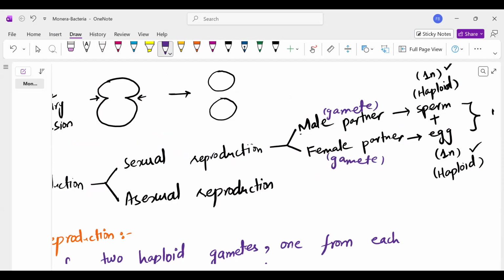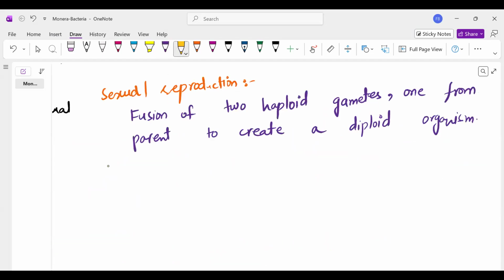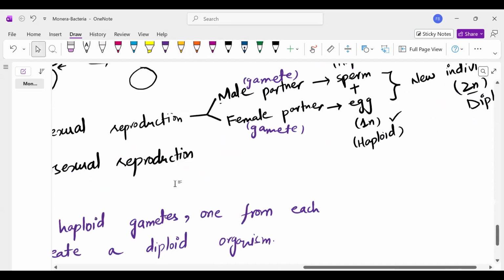Now I am talking about asexual reproduction. You can write this or take a screenshot. Basically, in asexual reproduction, only one parent is involved.